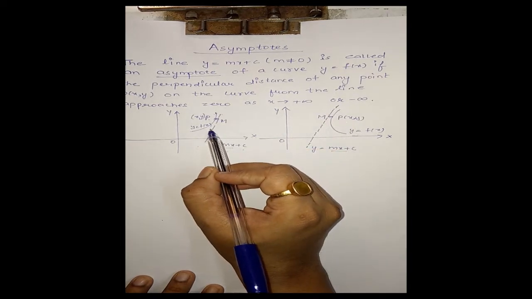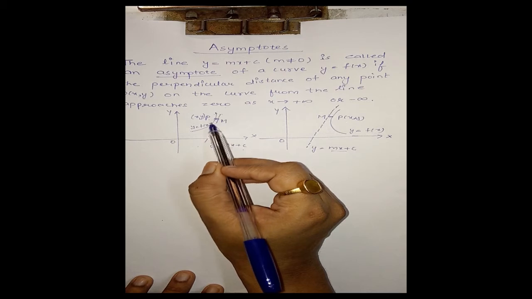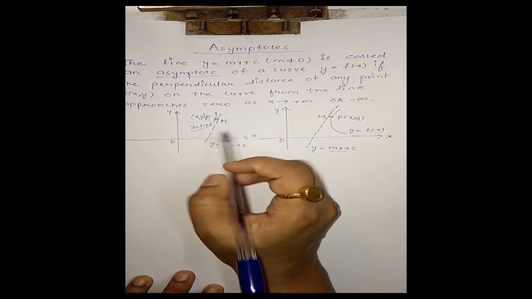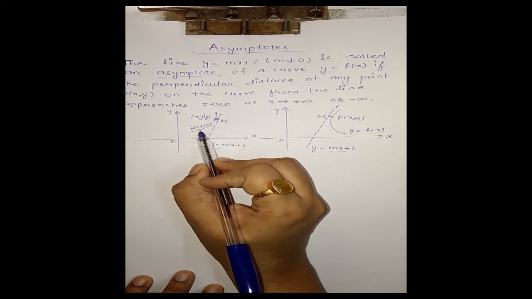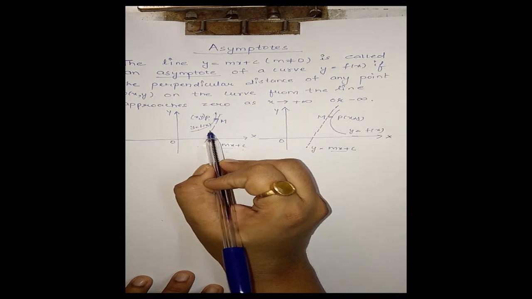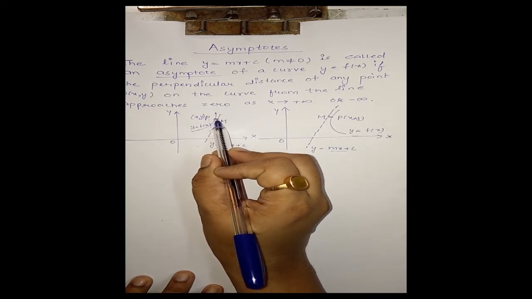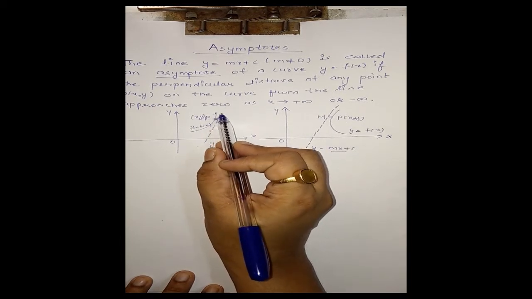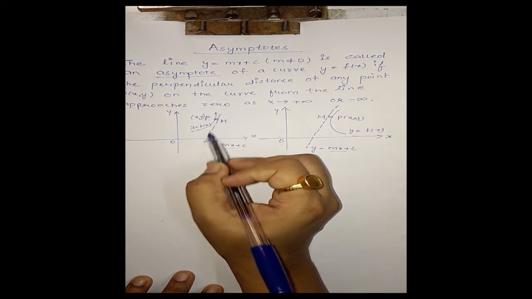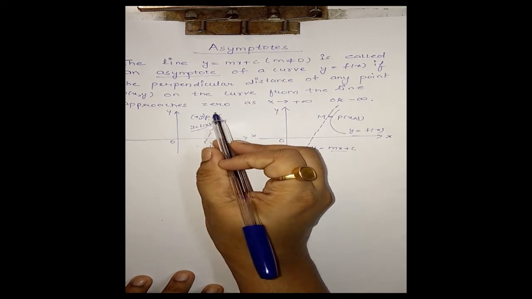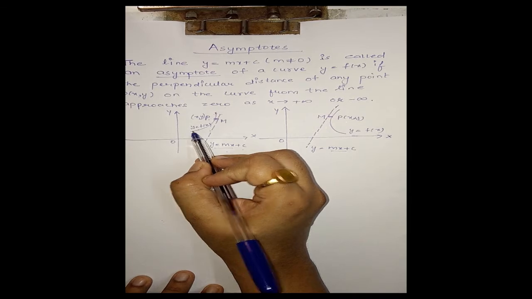See here, the distance is reducing to 0 as x tends to infinity. If I take P to be here, then this is the perpendicular distance. As x tends to infinity, the distance is also tending to 0. This is the definition of an asymptote. In this case, this line will be an asymptote to this curve.